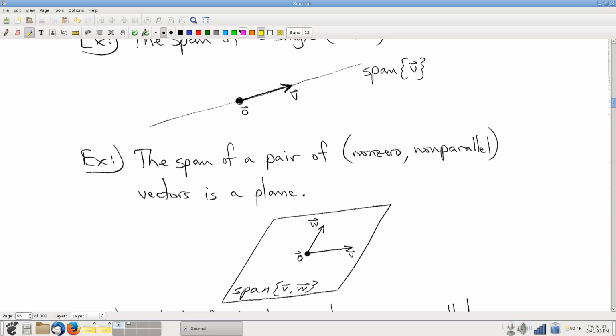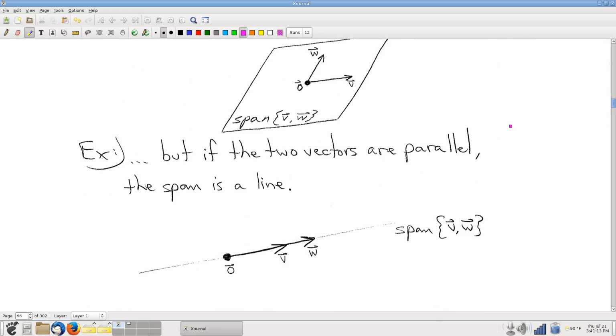Okay, now importantly, we were considering that these vectors are not zero and not parallel. Now let's think about why it is important that they were not parallel. Well, if you come down here and consider the case where they are parallel, we have a vector v and a vector w.